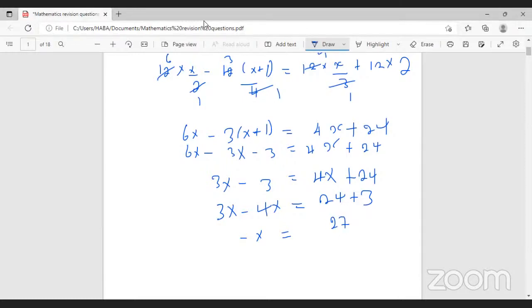What do we do to find x? Divide by negative 1. Good. And then our x becomes 27 divided by negative 1, which is negative 27.